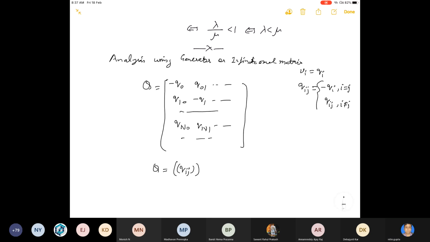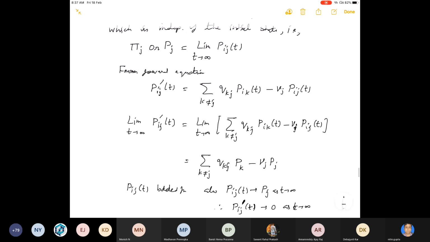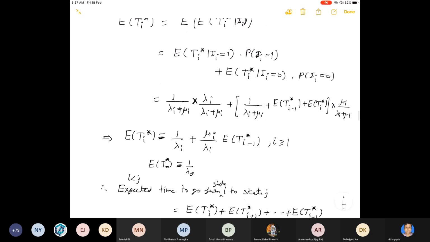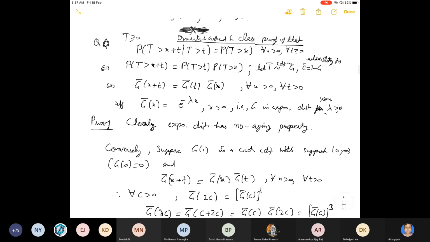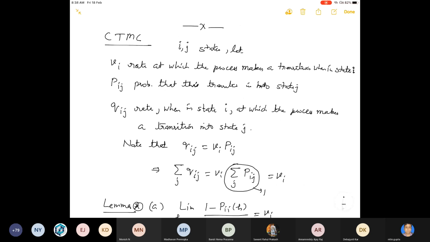And also we know that summation of Qij over j is Vi.